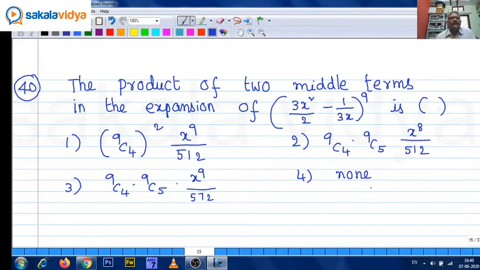Okay. So the product of the two middle terms we need to find. First we need to find the middle terms, then multiply the two middle terms of the given expansion, (3x²/2 − 1/(3x))^9. So let us find out now.